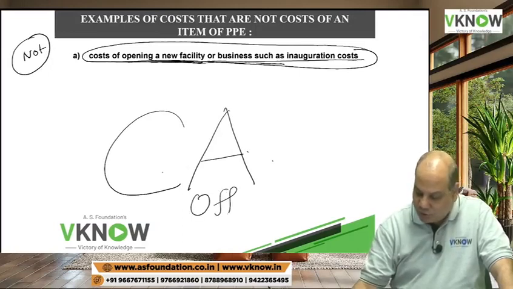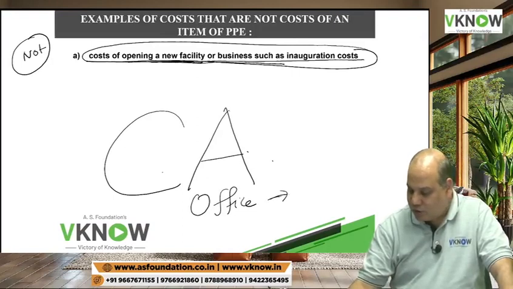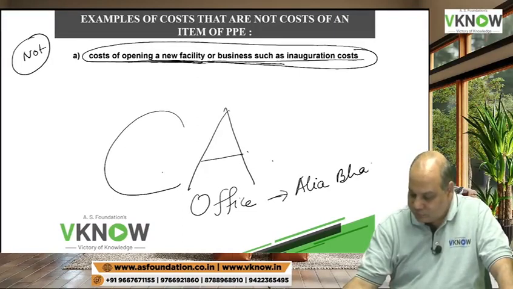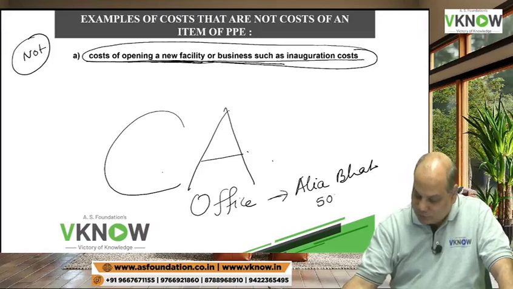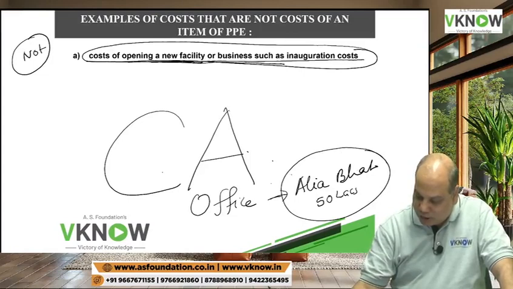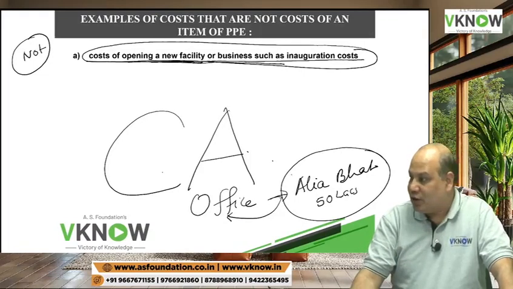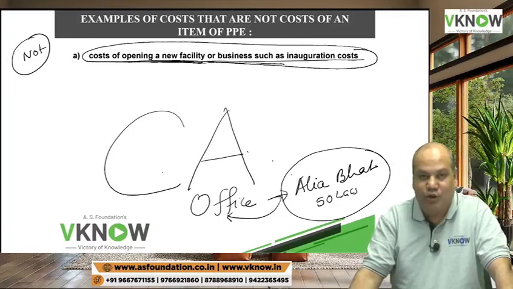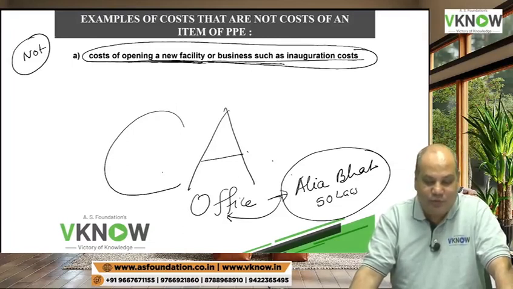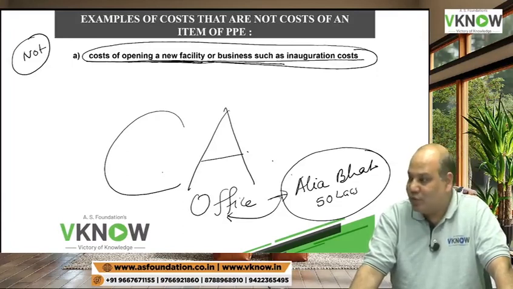This is your new office. You have invited Alia Bhatt to do the inauguration. Alia Bhatt took 50 lakh rupees from you. Will you add it to the cost of the office building? Say yes or no. Alia Bhatt was paid 50 lakh rupees to inaugurate the office. Will you add it to the cost of the building?